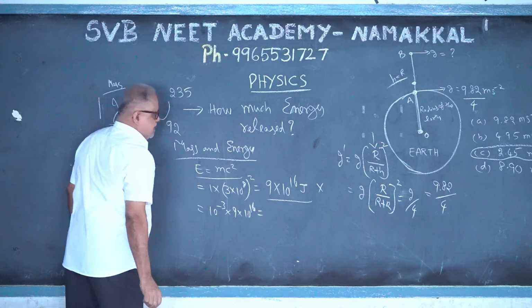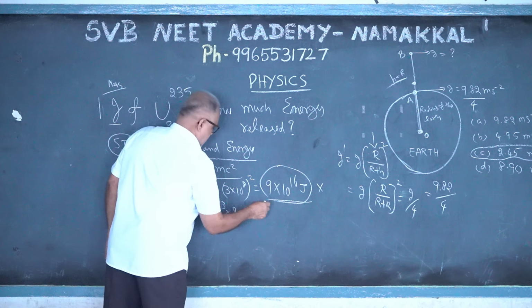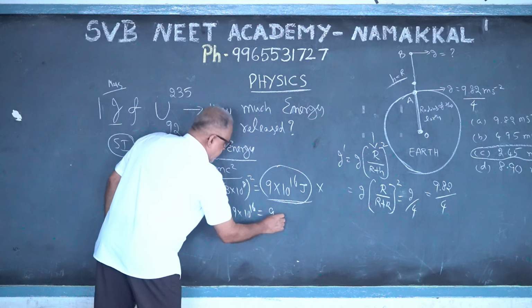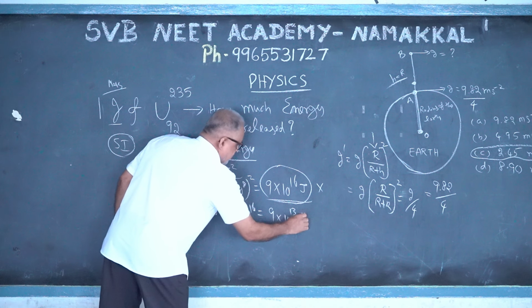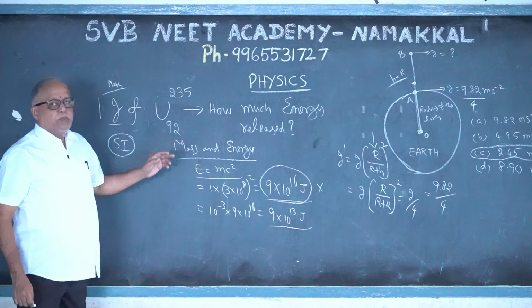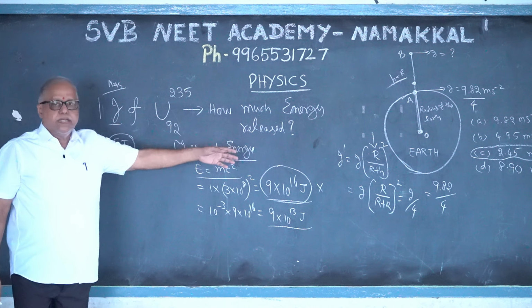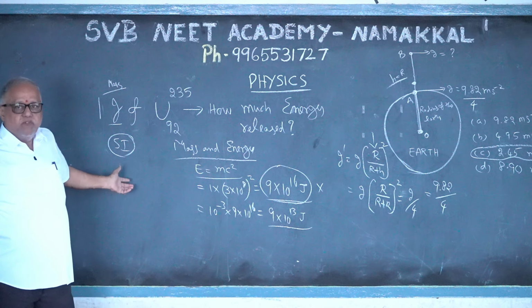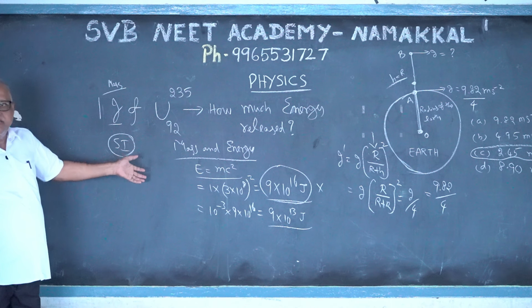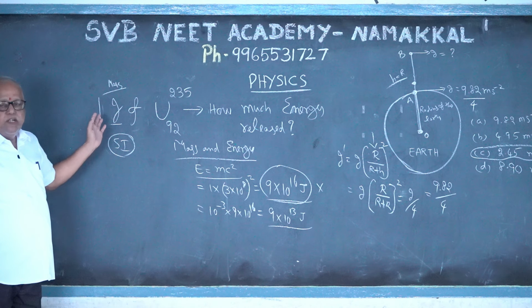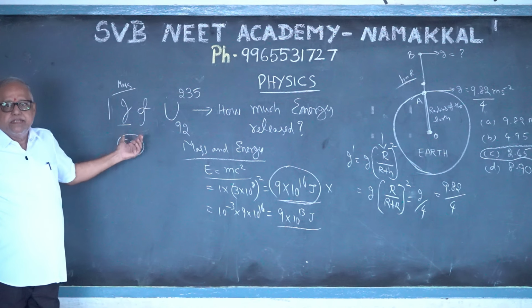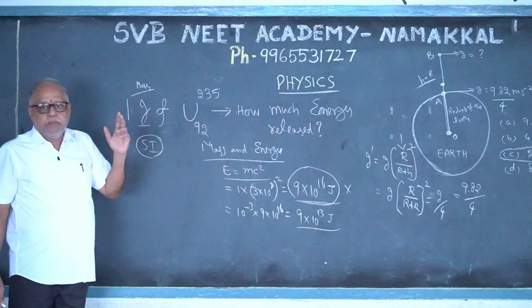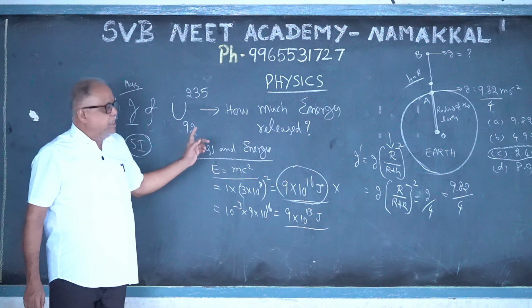The best answer is 9 into 10 power 13 joules of energy. By doing these two problems, we applied the shortcut technique without the help of a formula. But in this problem we applied the formula correctly, yet forgot to convert to the SI system. So those two things are important before doing a problem.